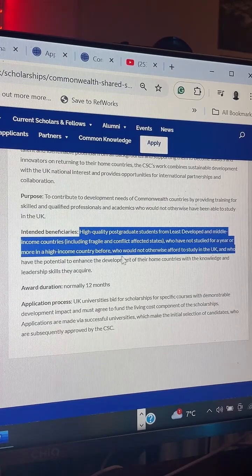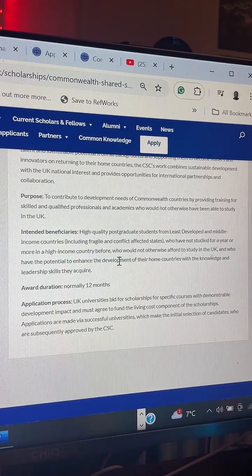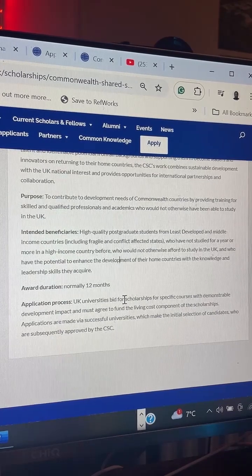The intended beneficiaries are high quality postgraduate students from least developed and middle income countries, including fragile and conflict affected states, who have not studied or had at least 1 year of working experience in the UK. So these are some of the things that we need to consider as well.